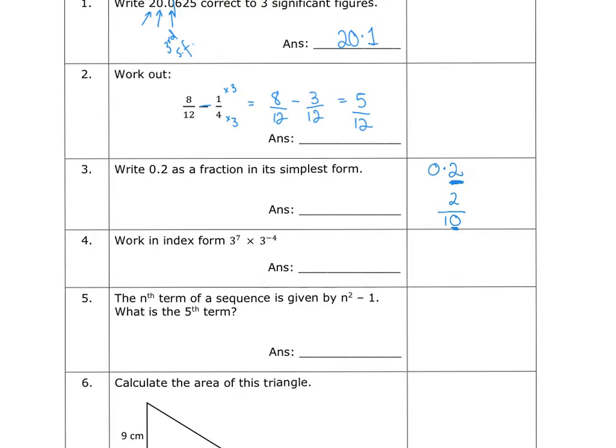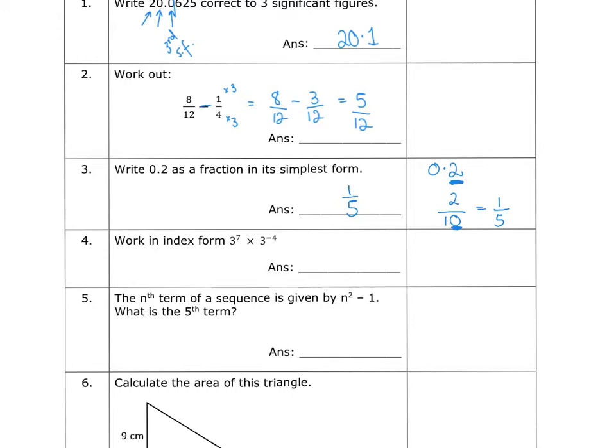One digit behind the point, only 1 zero. If it was 0.02, that is 2 on 100, 2 digits behind the point, so 2 zeros. But that is a different example. So that is 2 on 10, and we need it as simple as possible. Divide by 2, and that's 1 on 5.